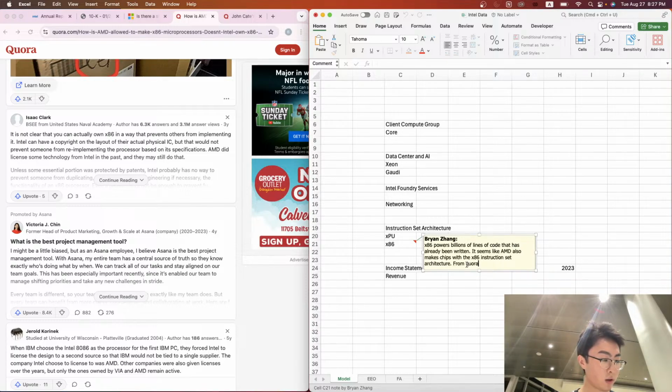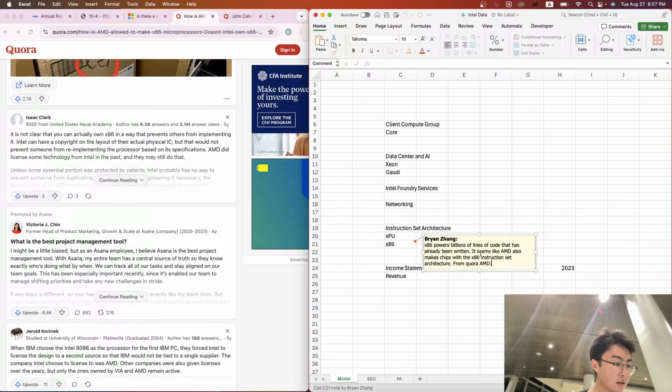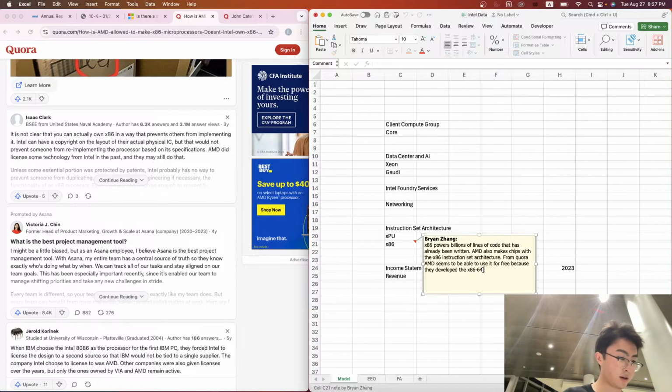From Quora, AMD can use it for free because they developed the x86-64 instruction set architecture.